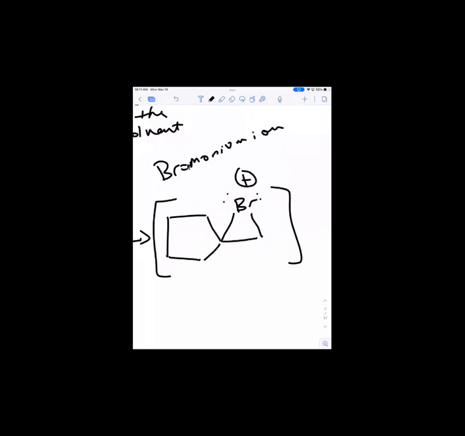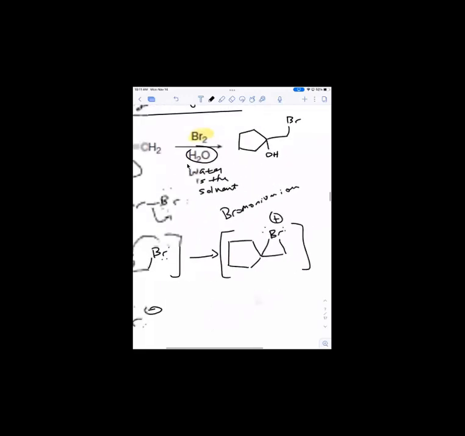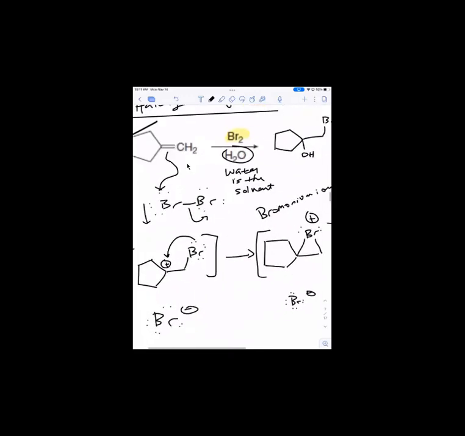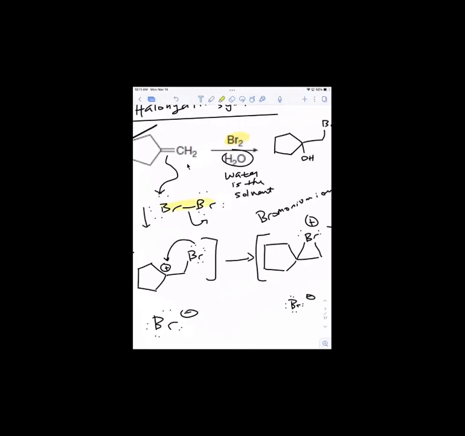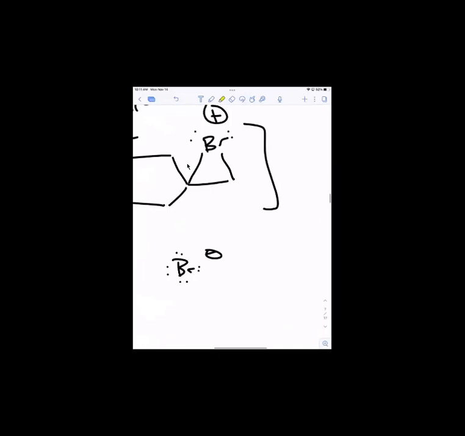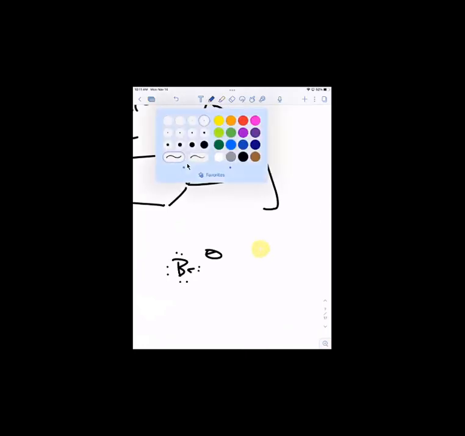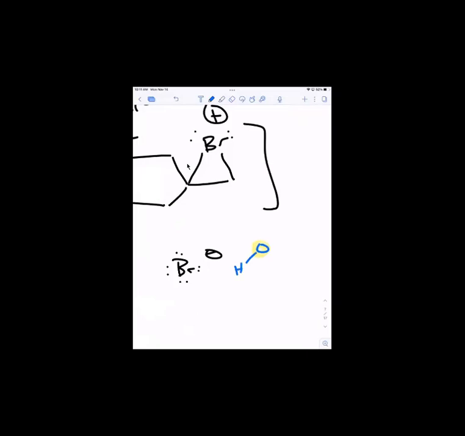And then, of course, bromine is still out here. The one you lost over here after you broke the bromine bond. But the water is also here. And so it's actually water that comes in and opens this ring up.